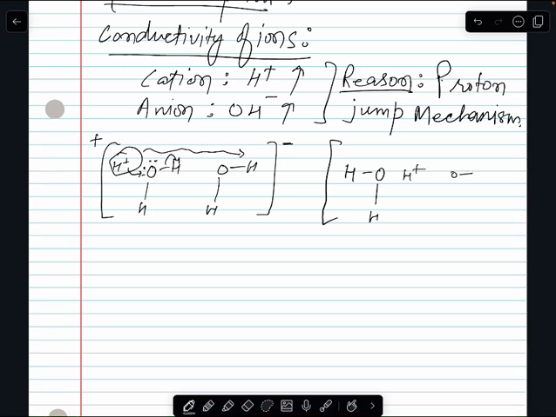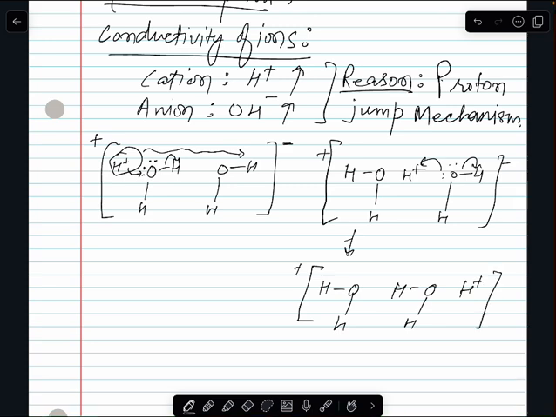Now again the adjacent water molecule will do the same because it also has a lone pair, so it will break the bond. And H plus ion, without moving, reaches the other end or towards the other electrode.